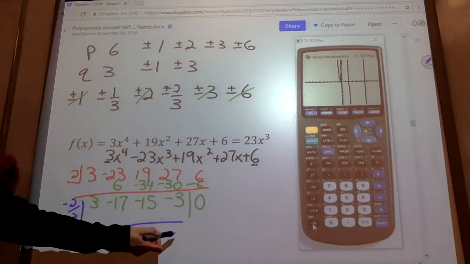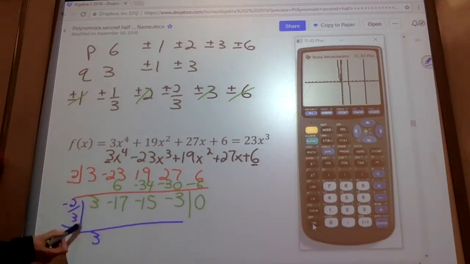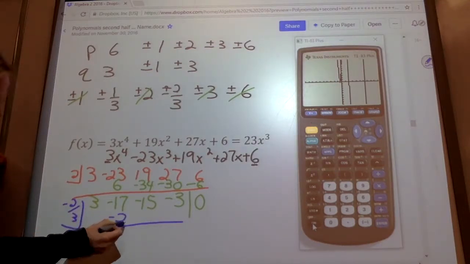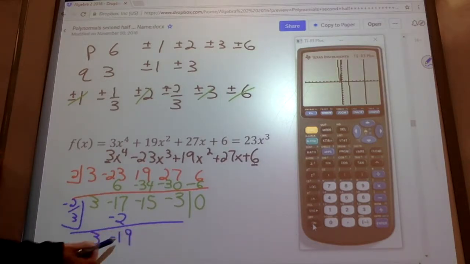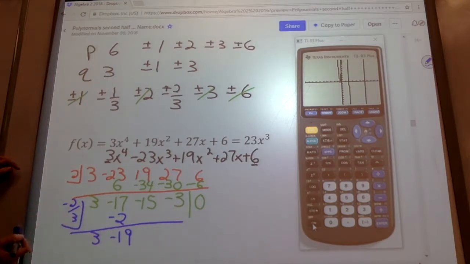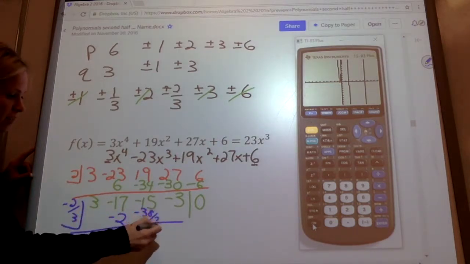All right, if I get 0 as a remainder, I know it works. So bring down my 3, multiply -2, add -19. -19/3 times 2 is going to be -38/3. This one's not going to work.